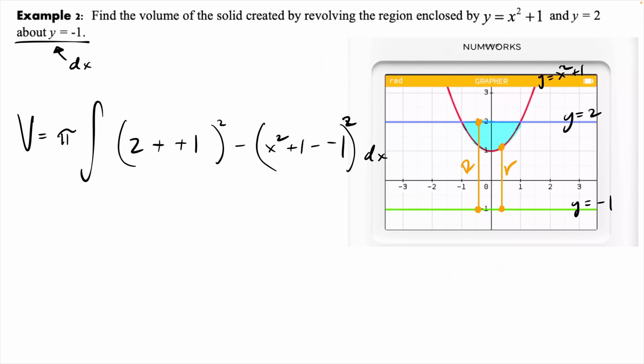So before we do that though, we got to do the bounds. The bounds, are they at the same spot they were before, the left and right? They are this time. They're here and here. So remember, we want x because it's dx. x equals 1, x equals -1.